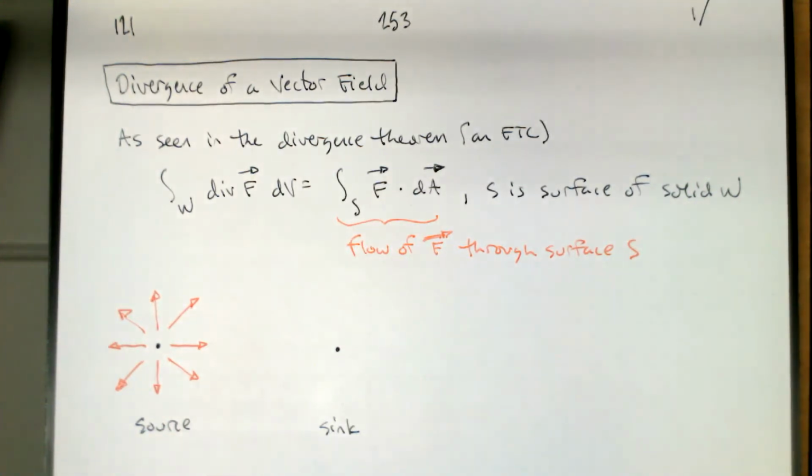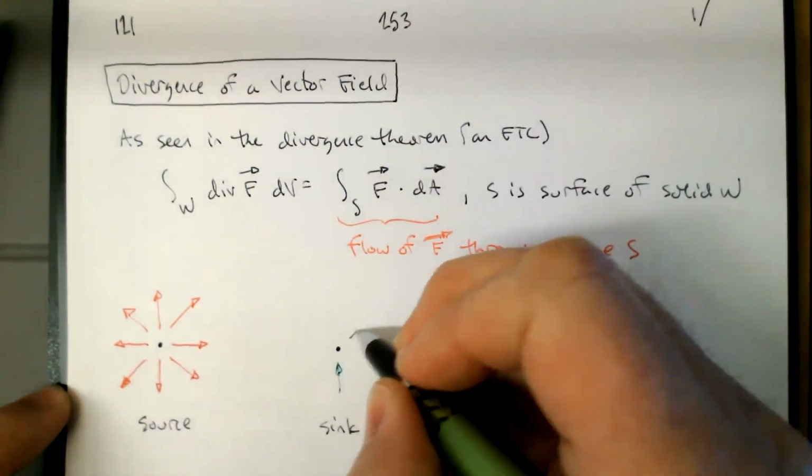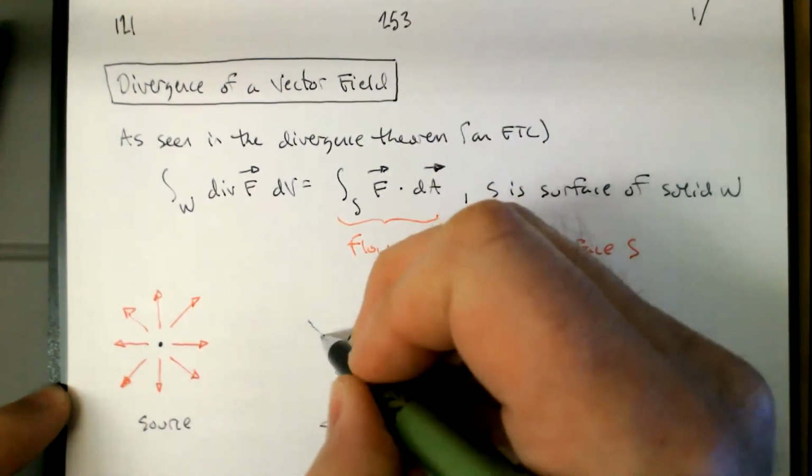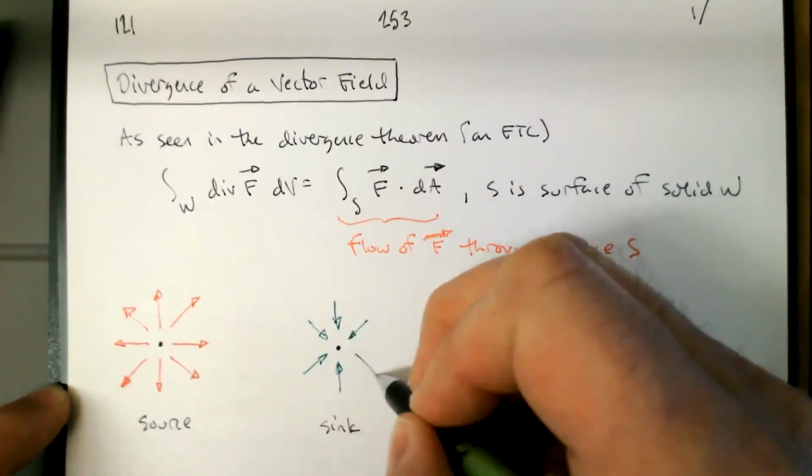What's happening is at this point, when we think of a point as a source, we're thinking of the vector field moving away from that point. So this is the center of an explosion. A sink would just be going the other direction. The vector field would be flowing towards the point.